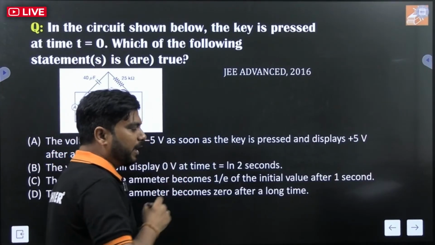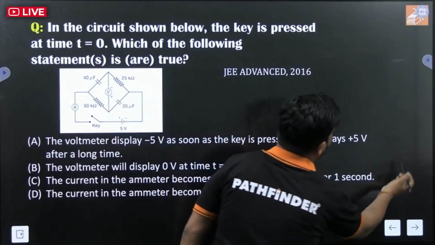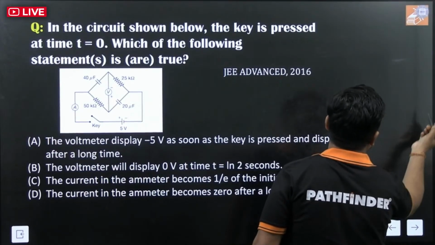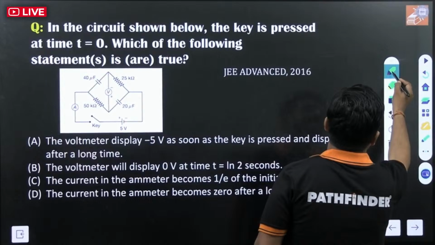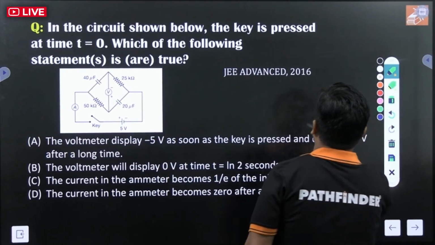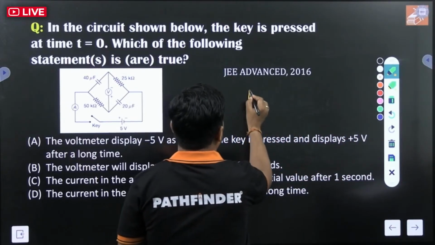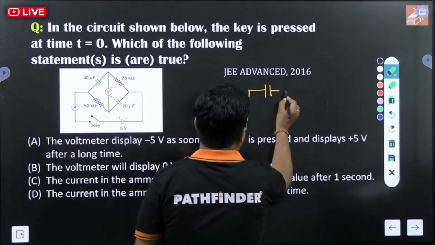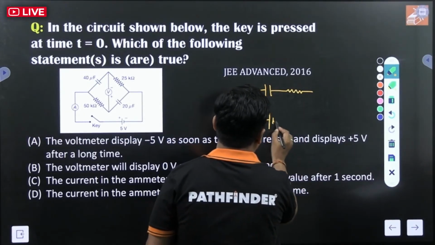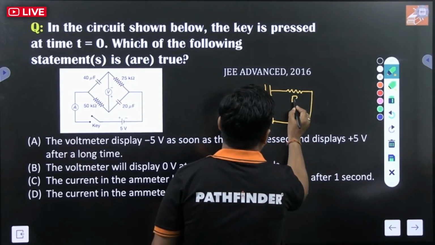I hope you are aware of the RC circuit. Let me just brief you. If a capacitor and one resistance are connected with a battery, this circuit is called an RC circuit.